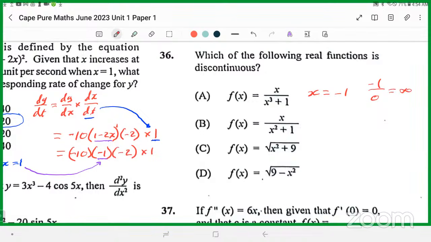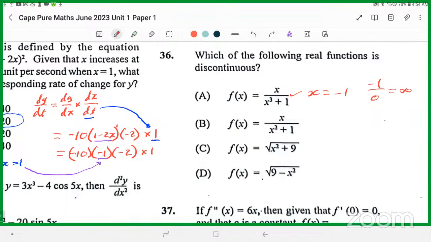But for this one, the denominator can't be negative or 0 because you're squaring it, so under here will always be greater than 0. So this one is not discontinuous. This one is discontinuous. But this one is discontinuous too.